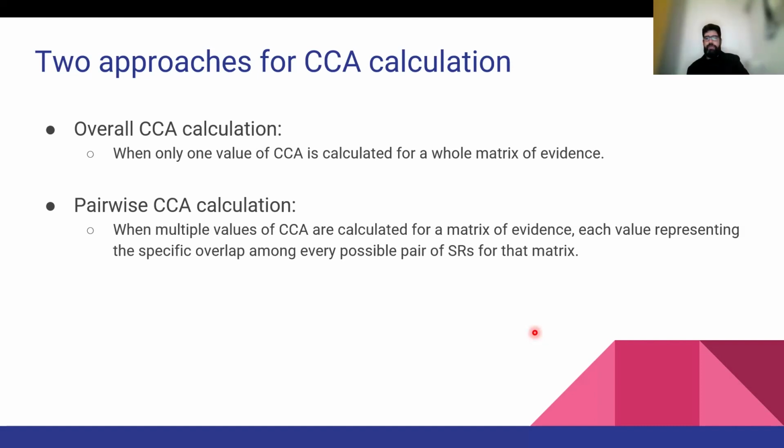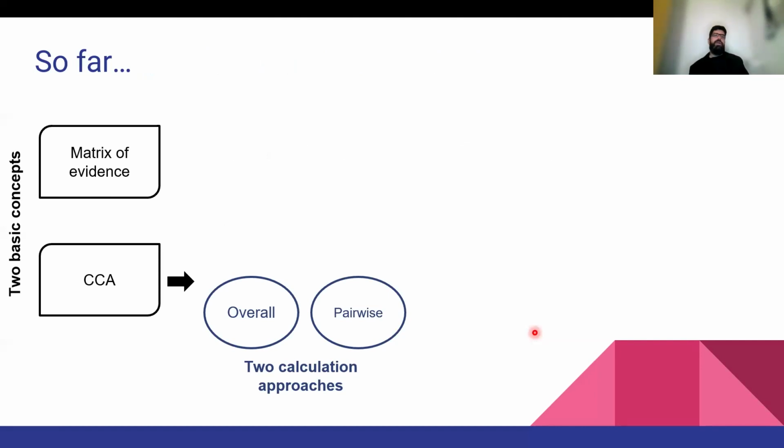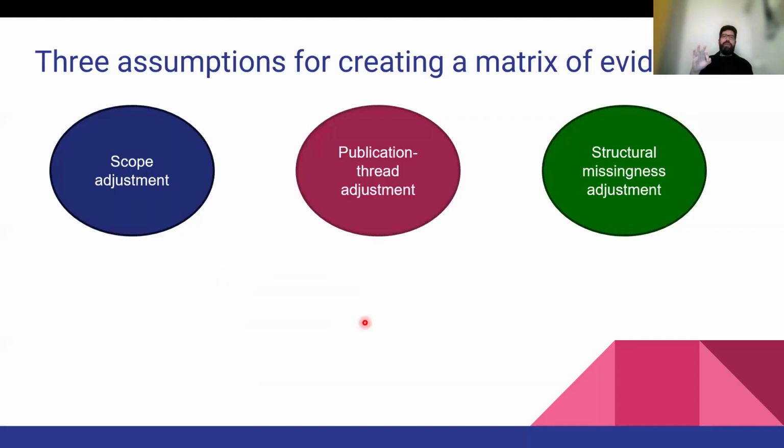So two approaches for CCA calculation. We can calculate CCA as an overall or as a pairwise analysis. But we also have three assumptions for creating a matrix of evidence. We can create a matrix of evidence making a scope adjustment, a publication thread adjustment, or a structural missingness adjustment.